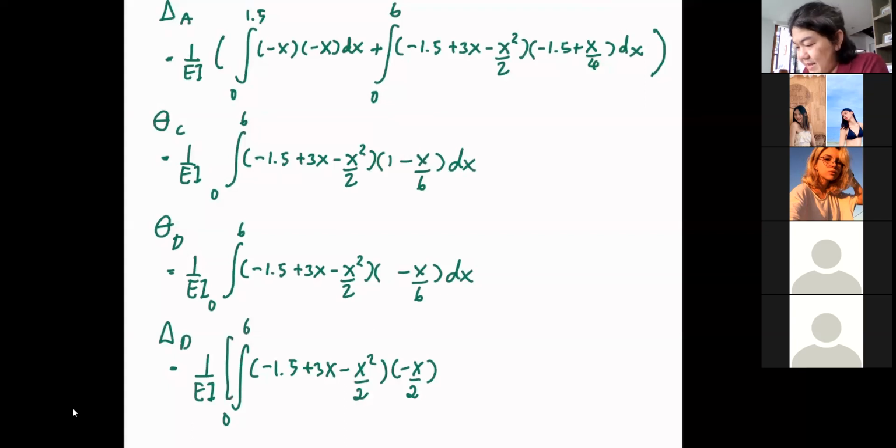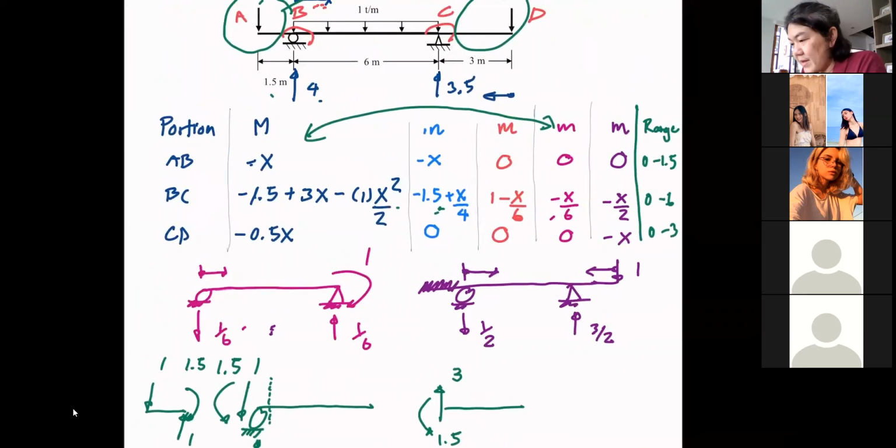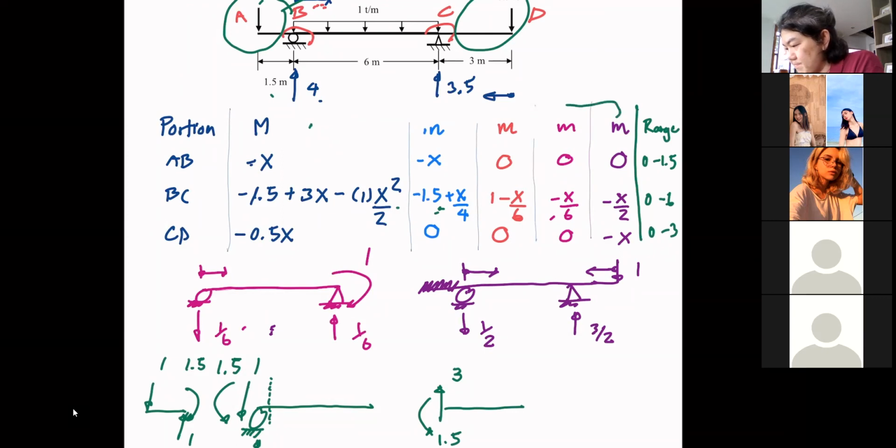It's a bracket here. Then from 0 to 3 this time. And the equation would be, what is it? Okay, the last one is now this. So it's that one, okay?